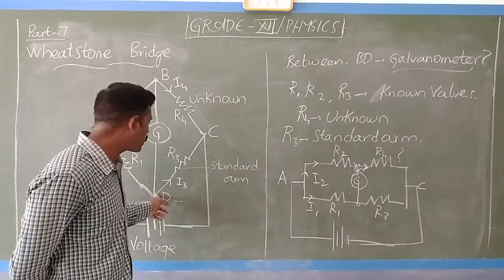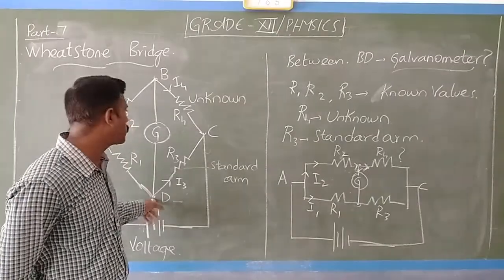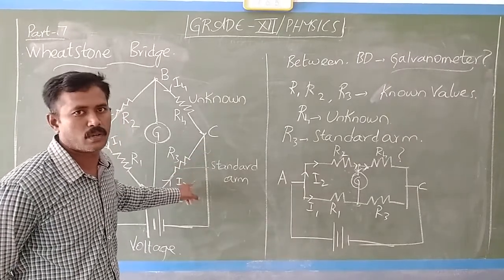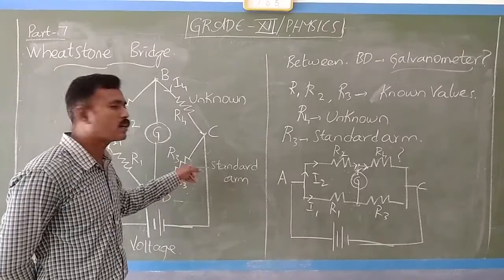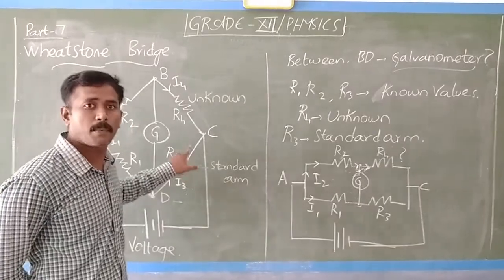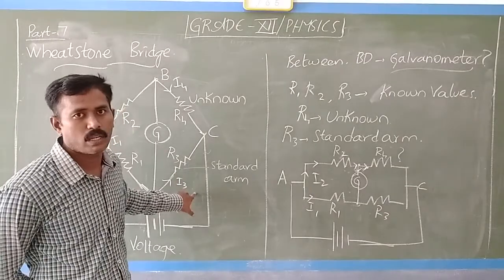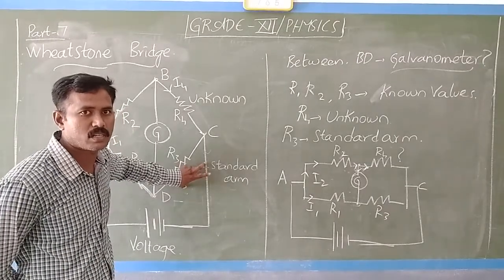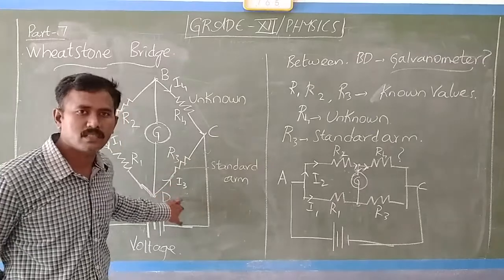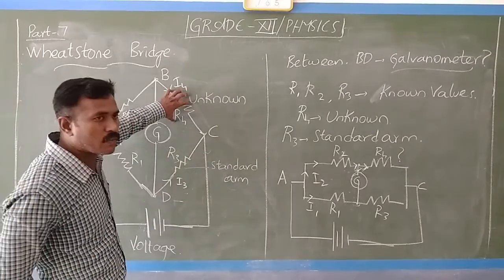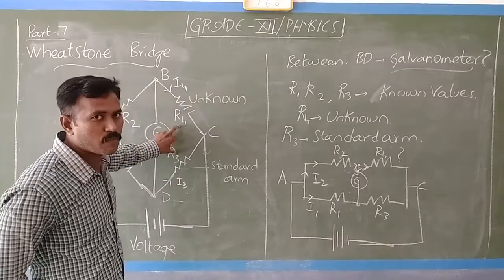The potential across R3 is the current flowing through R3 into R3. So when R3 varies, R3 into I3 varies. R3 into I3 is the potential across R3. Similarly, the potential across R4 is I4 into R4.